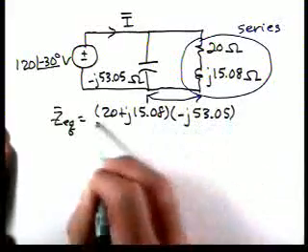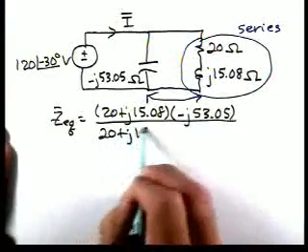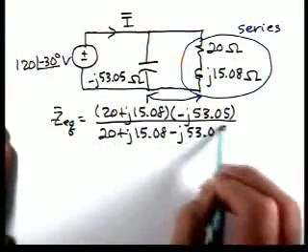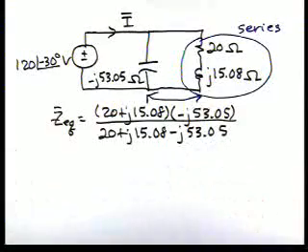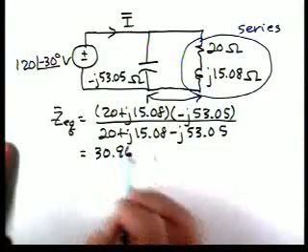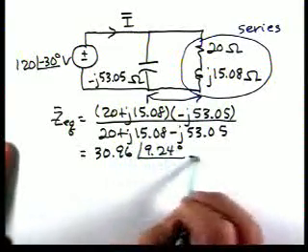So there's a product, and in the denominator we'll have the sum. And this turns out to be 30.96 at an angle of 9.24 degrees.